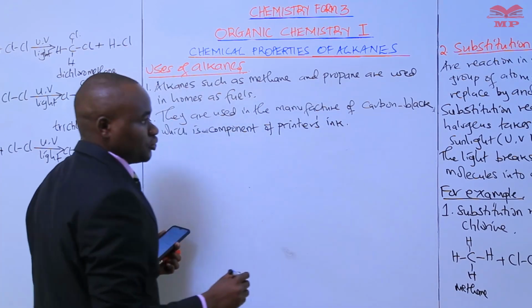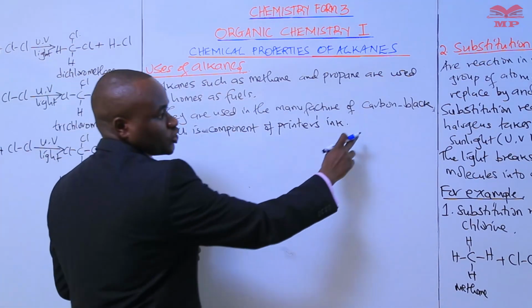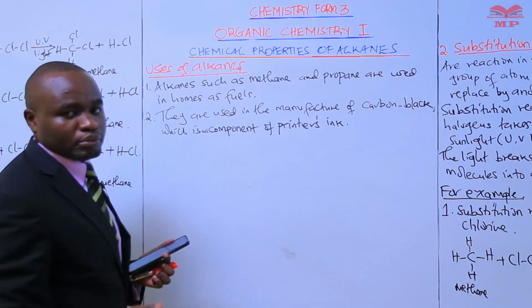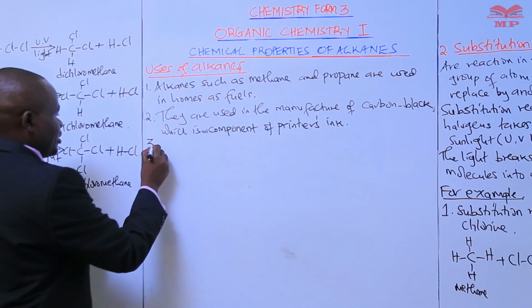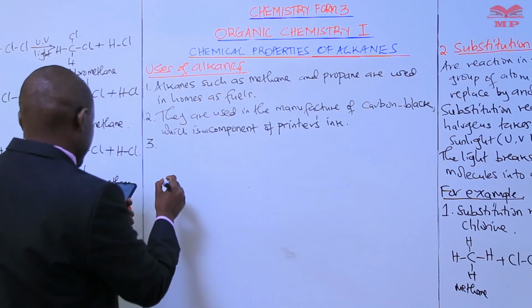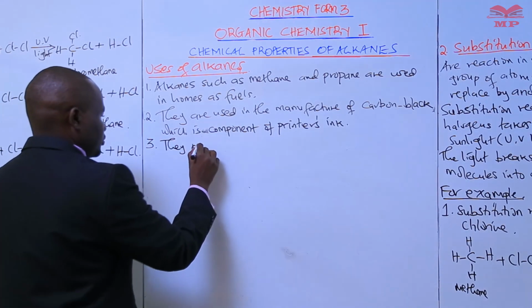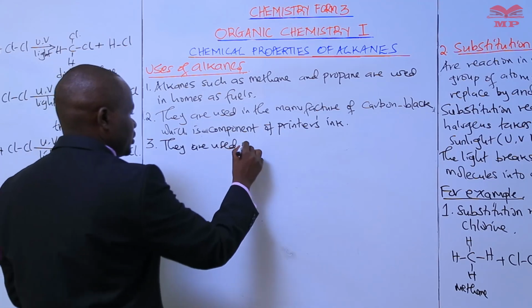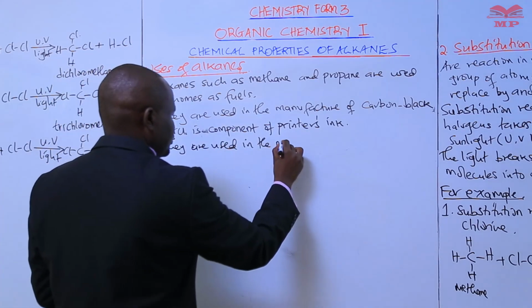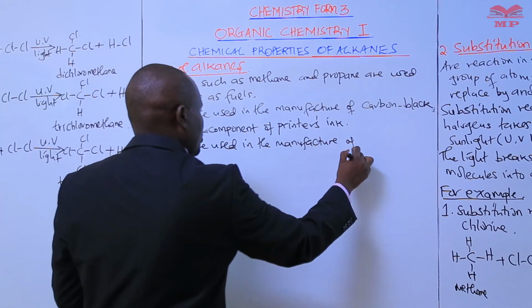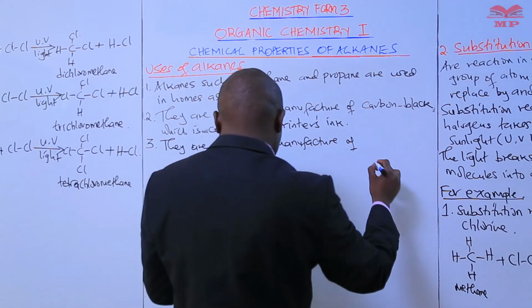So another main use is manufacture of carbon black, which is used, of course, in the printer's ink. The third use is they are used in the manufacture of methanol.